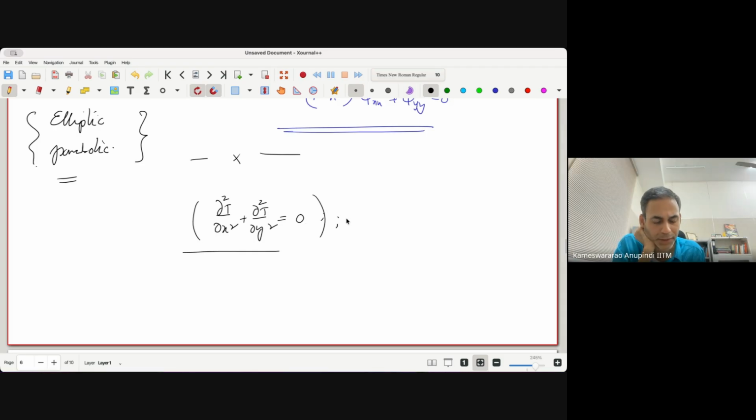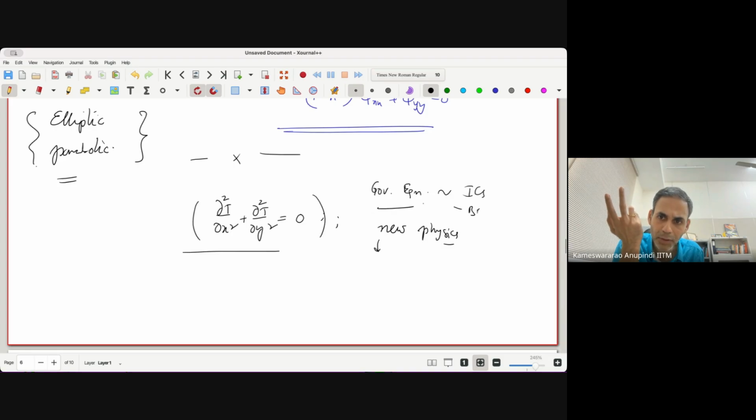So when you say environment, essentially you're looking at a domain where there is some physics happening. You need to come up with the governing equation for the problem. If you're looking at a new physics, you first need to come up with the governing equation through certain assumptions. The governing equation dictates what initial and boundary conditions you would need, because initial conditions are related to the time derivatives and boundary conditions are related to the spatial derivatives.